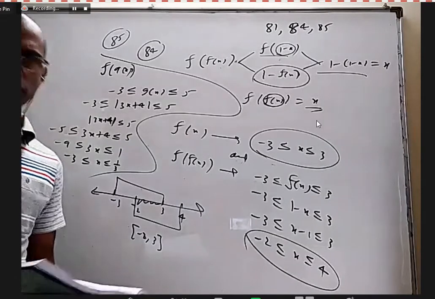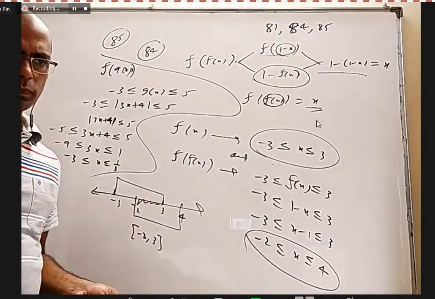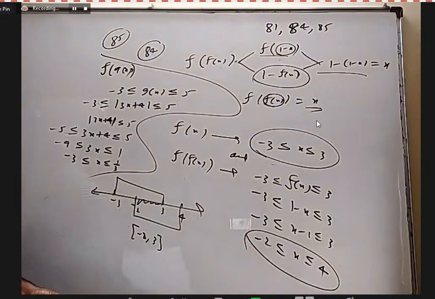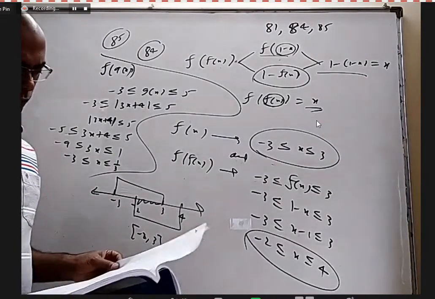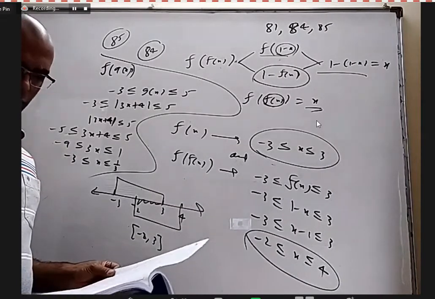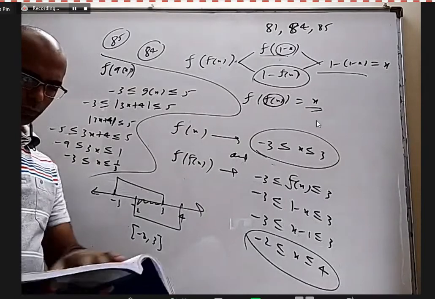So total domain questions up to 85. Any other doubt anybody has? Okay, range, I think all questions are discussed in the range in the class, am I right? Yes, sir. Okay, all right then.